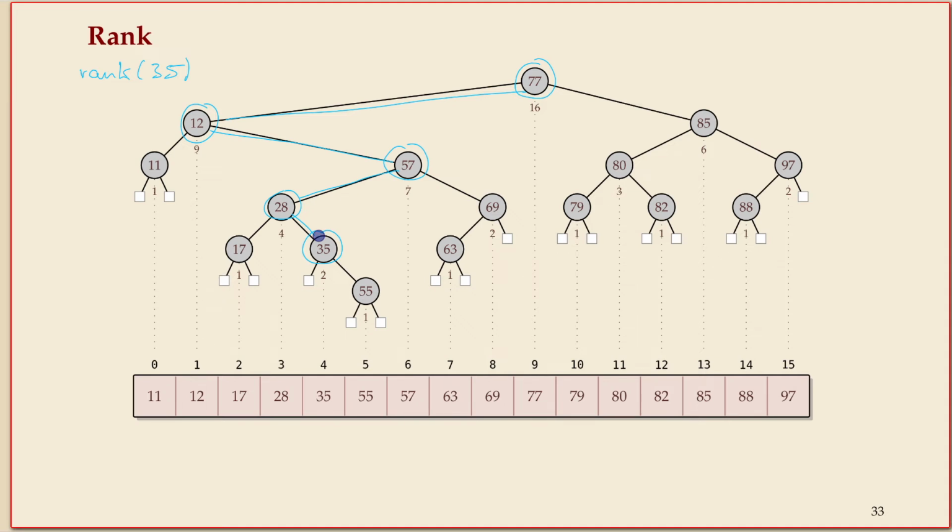Now there's a few things to look at. We want to count the nodes that are to the left of this node 35. And there's two types of such nodes. There's those that we explicitly touched when we were moving down our search path. There's two of these, so we can count two already.